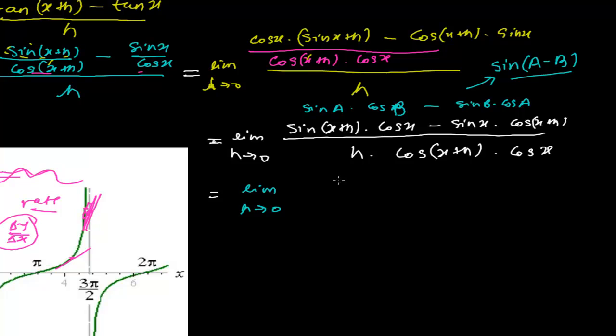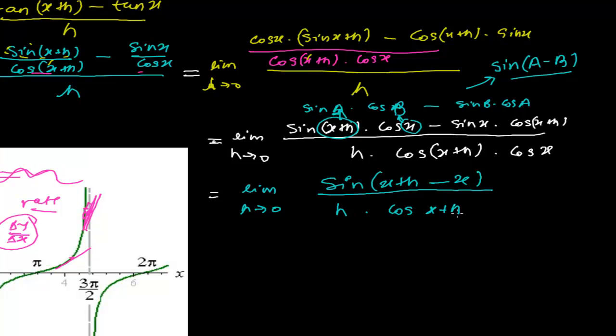So it will be exactly limit h tends to 0, and then sin of a, where x+h is working as a, minus b, where x is working as b, and the whole divided by h times cos(x+h) times cos x, right? Now what we can do, we can easily cancel this part.